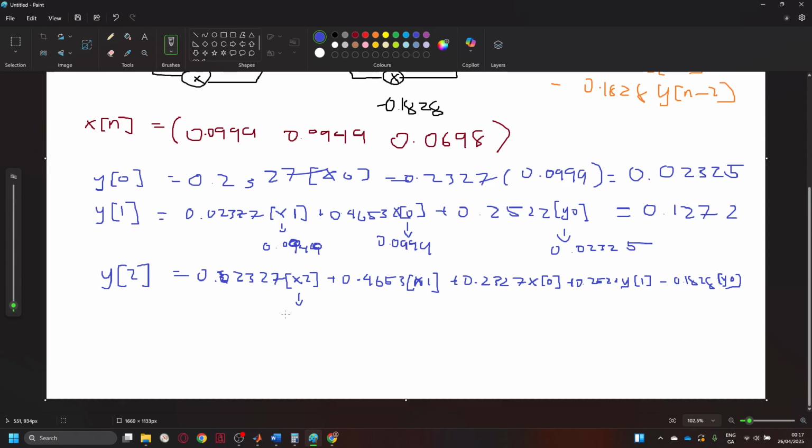So this is going to be 0.0698, this number here, 0.0999, the previous answer, which is this one, 0.1272, and this is going to be the first answer we got, 0.0232325.